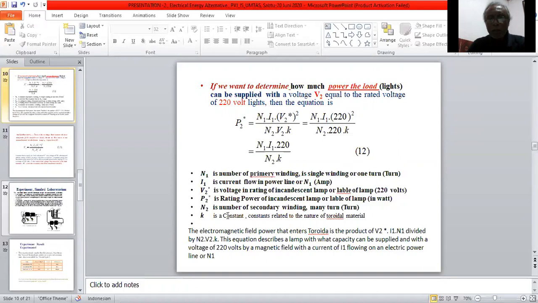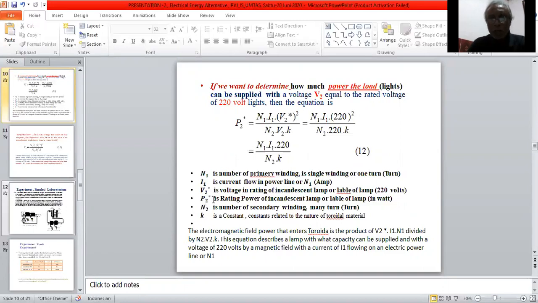Then the electromagnetic power that enters the toroid is the product of V2*, E1 and N1 divided by N2, V2 and K. K is a constant related to the nature of the toroid material.